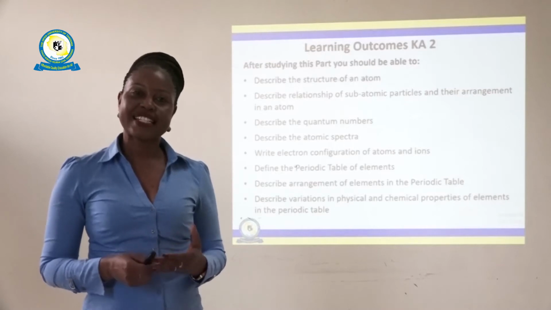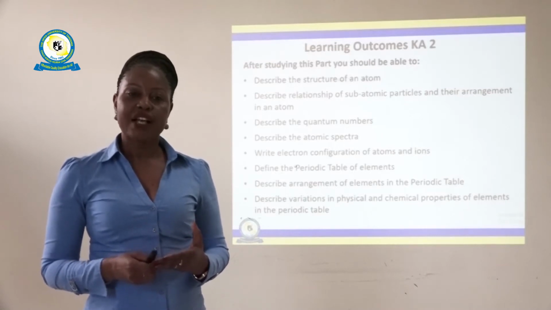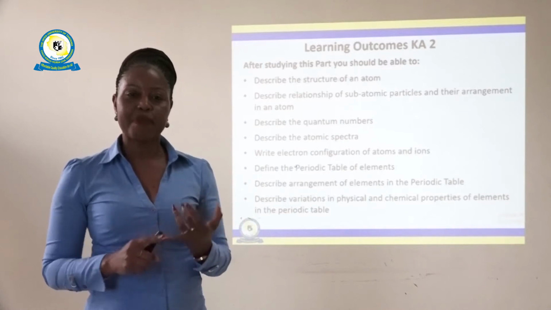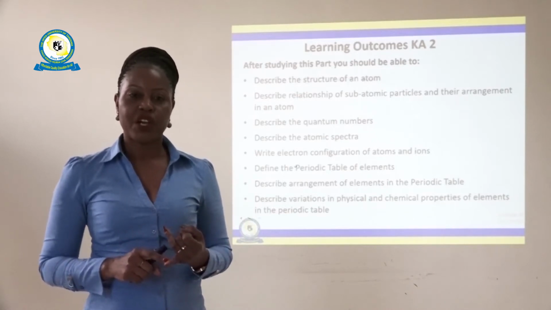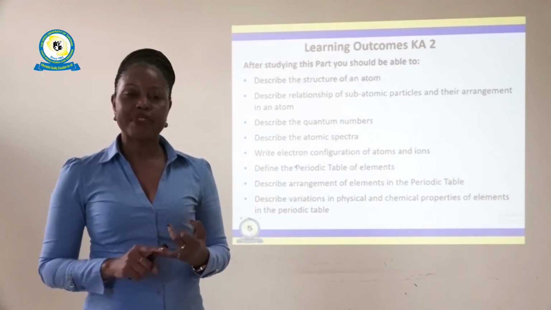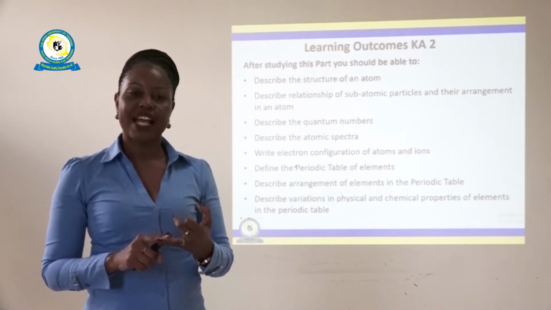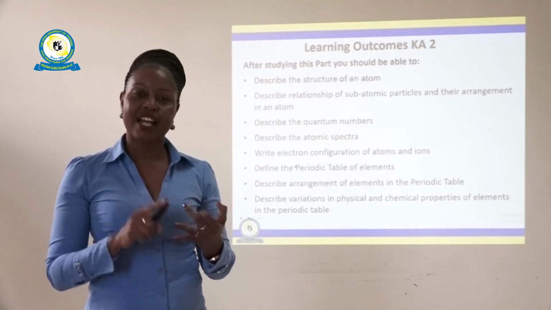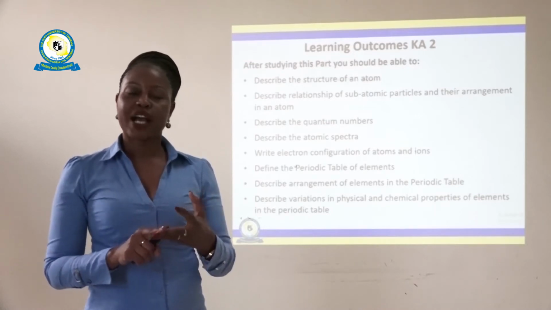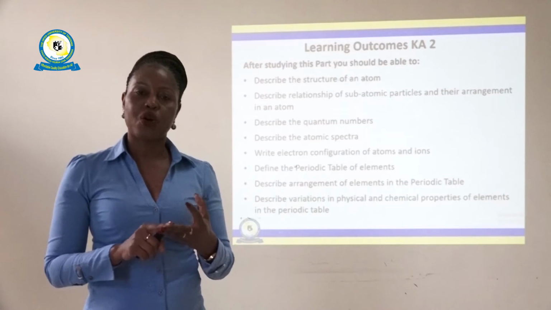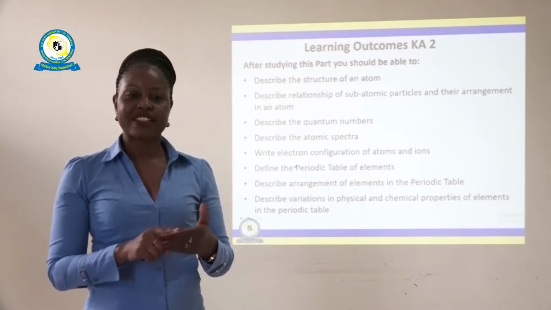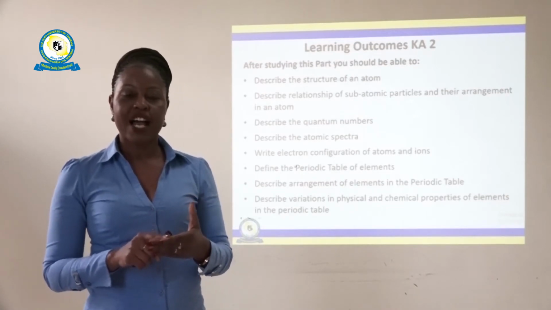Now, after studying this lecture, you are supposed to be able to describe the structure of an atom. You will be able to describe the relationship between the different subatomic particles and their arrangement in an atom. Also, you can describe the 4 quantum numbers and describe the atomic spectra.